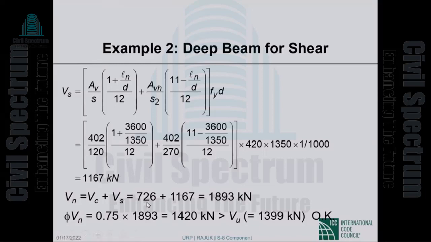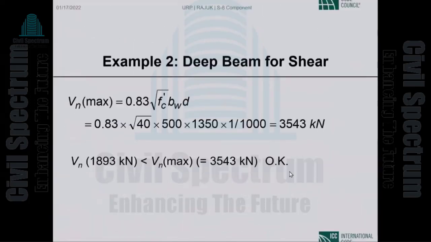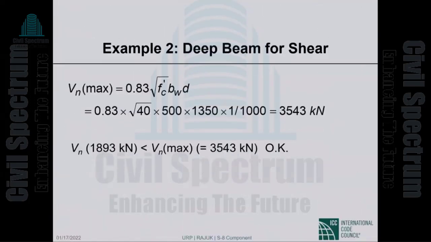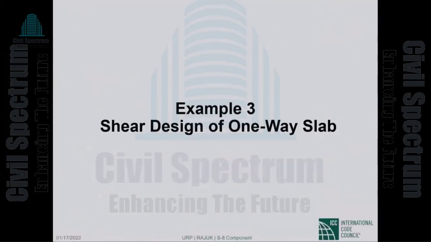So V_n comes out to 726 concrete contribution plus 1167 reinforcement contribution, a total of 1893. Multiplied by phi, it comes to 1420 kilonewtons, which is larger than the 1399 that we need. The shear does not exceed 10 square root of f_c', so we are okay on all counts. So this is a complete design of a deep beam.